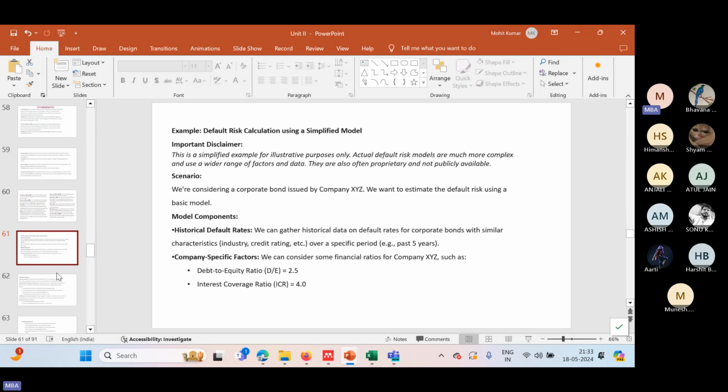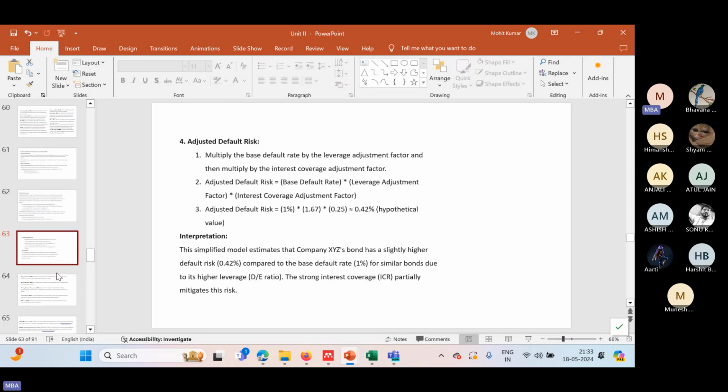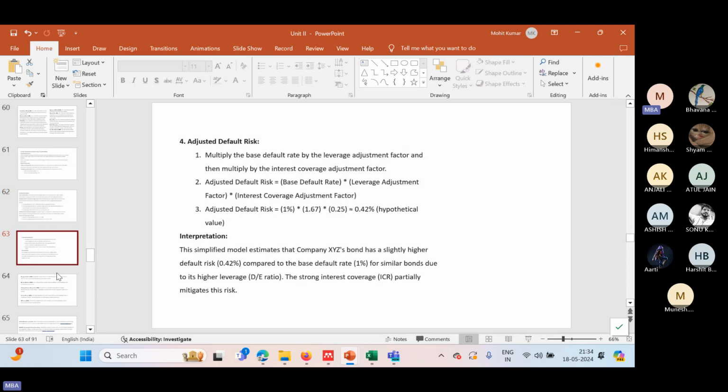We have debt to equity, interest coverage ratio. We took all these things into account. Then we had a basic default rate, and whatever factors we have given, we adjusted our default rate accordingly. And finally, we came up with a default rate, I think, of 0.42, a hypothetical value, when we multiplied all these three factors. What did we do?